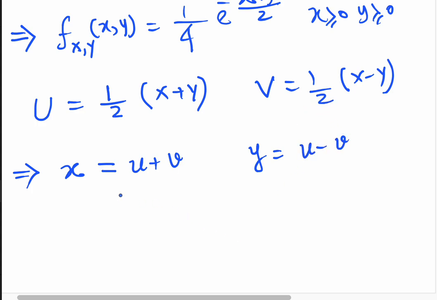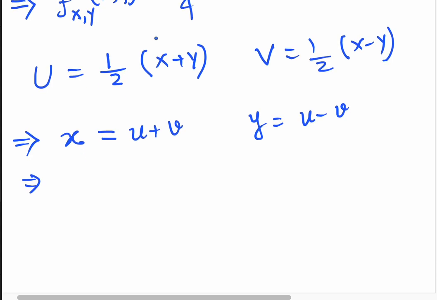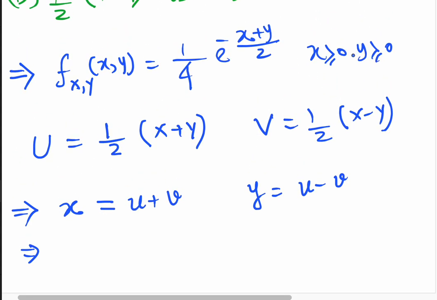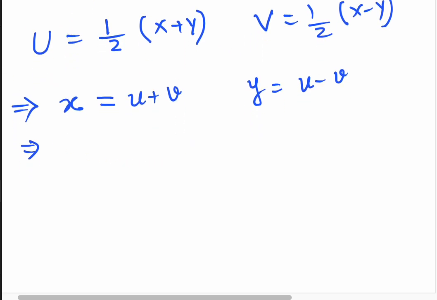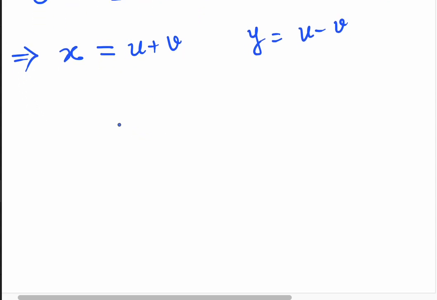The minimum value x can take is 0, and the minimum value y can take is 0. So I want to find the range of these u and v variables.